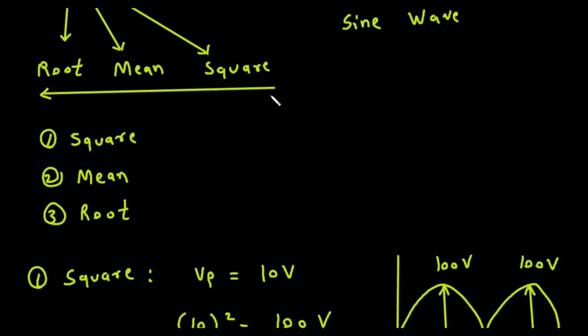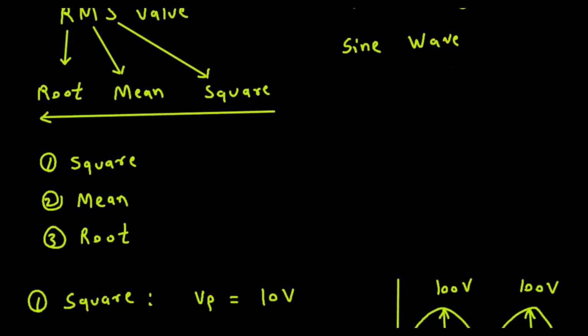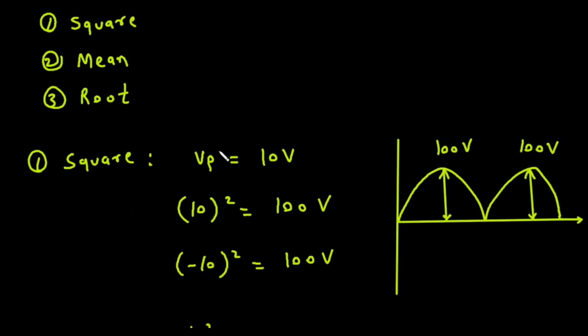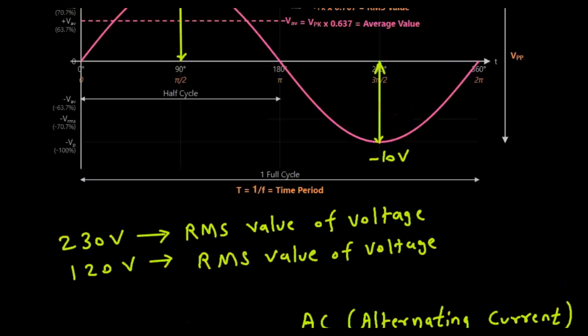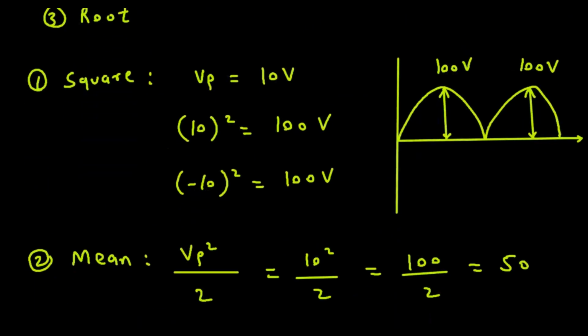So first we will take the square. Let's take the square of this Vp. If we take the square of Vp, 10 squared becomes 100 volt. And again, if we take the square of minus 10 volt, then it will be positive 100 volt, because if we multiply a negative number with a negative number, that will be a positive number.